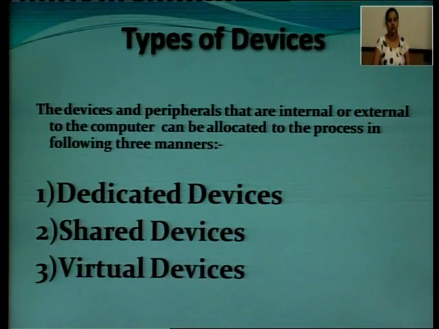And the third is virtual devices. Virtual devices are those devices which do not actually exist locally, but we are using them remotely. Means somehow we are using a scanner, somehow we are using a printer, which are not actually present with our system, but are remotely present somewhere.